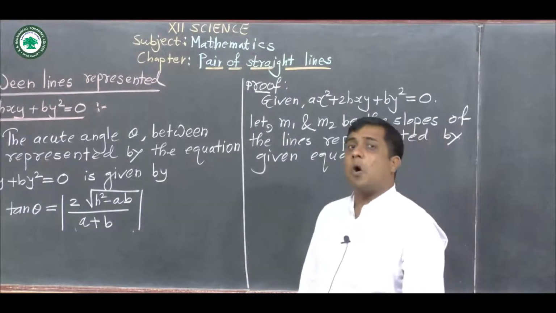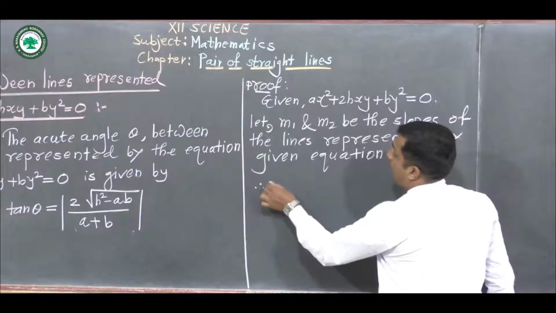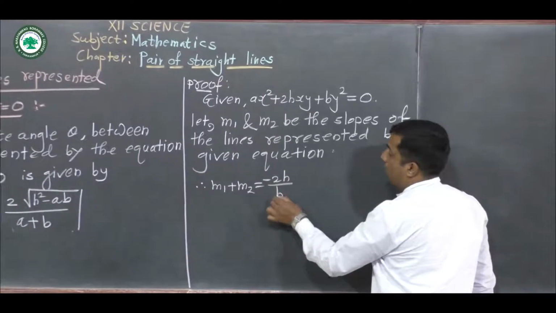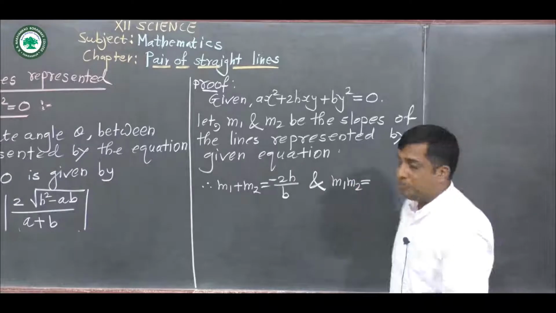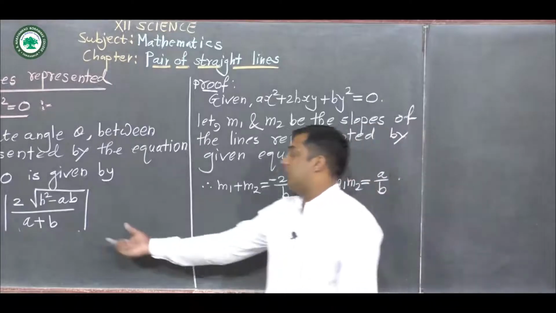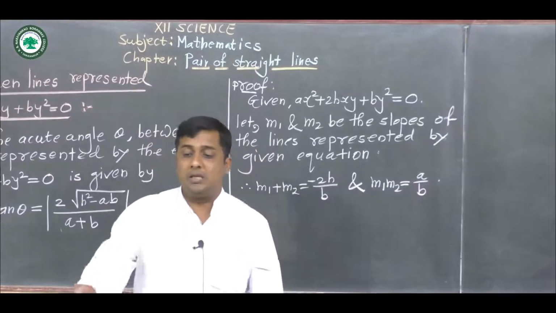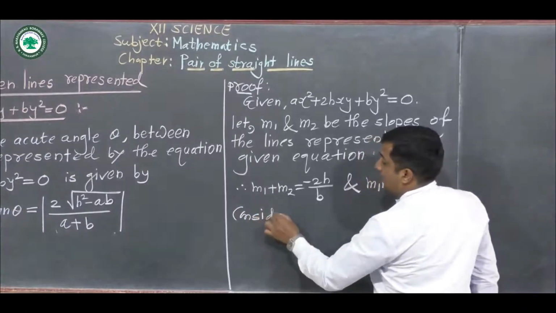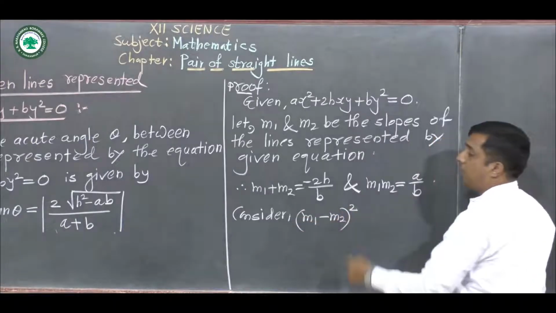Let's define the sum of the slopes and the product of the slopes. Here everyone knows m1 plus m2 is equal to minus 2h upon b, and m1 m2, that is the product of the slopes, is a upon b. Now to prove this angle theta, we have to consider the sum and product of the slopes. We consider m1 minus m2, this bracket square, first.